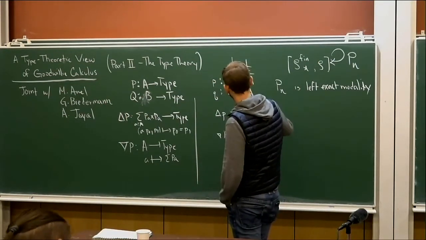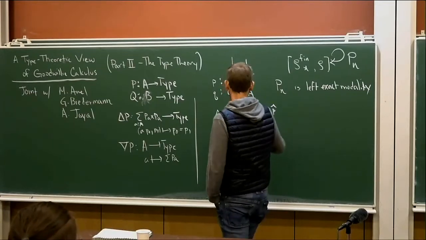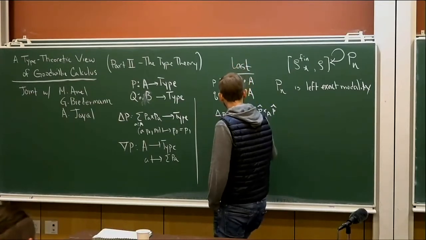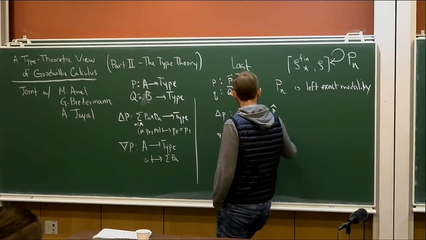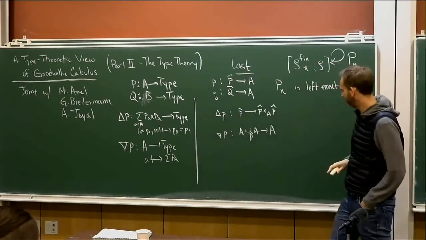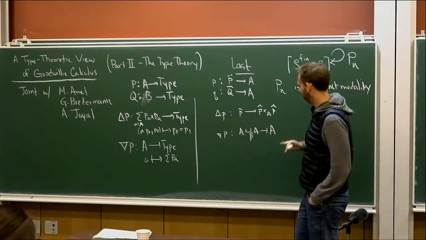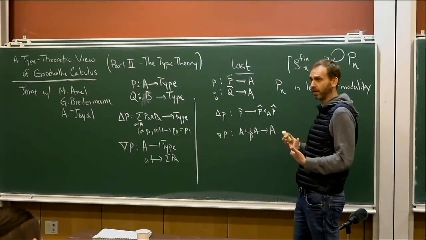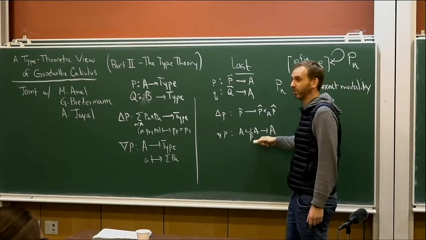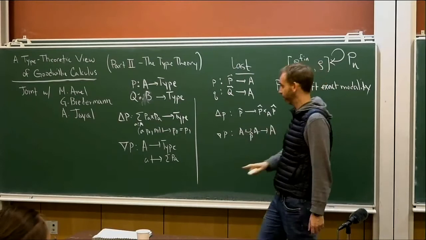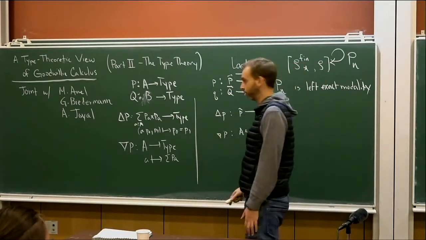This time it would be A pushed out over P hat A, mapping to A. Is that right? Okay. And it's really the universality of colimits in a topos that tells me that this really is fiberwise the suspension of the fiber. So there's an internal version over here.